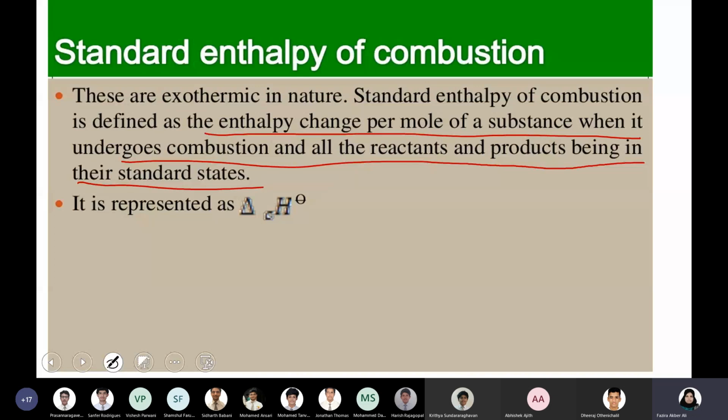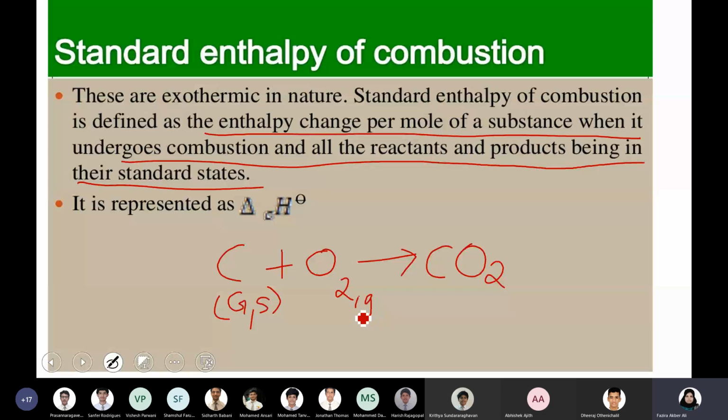It is 1 mole of a substance undergoing combustion and all the reactants and products being in their standard state. For example, graphite is solid, and I'm just writing GNS, you can write the full word graphite. Oxygen is gas and CO2 is gas.